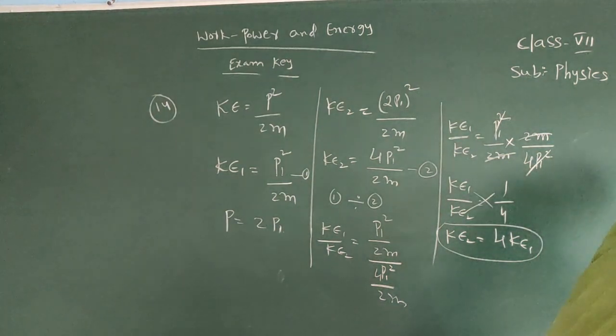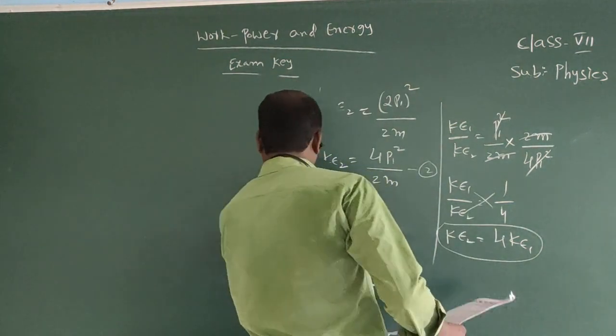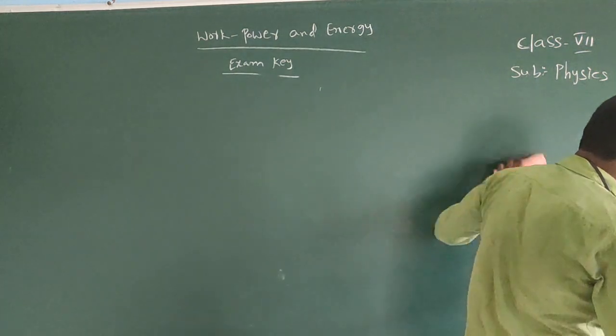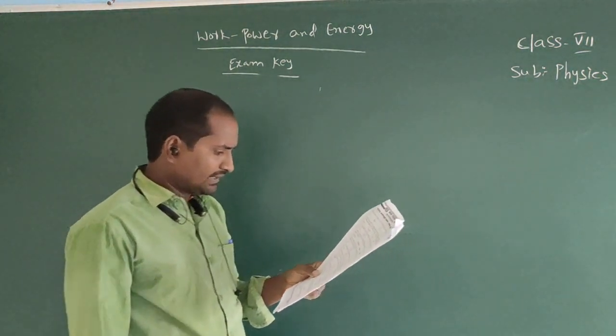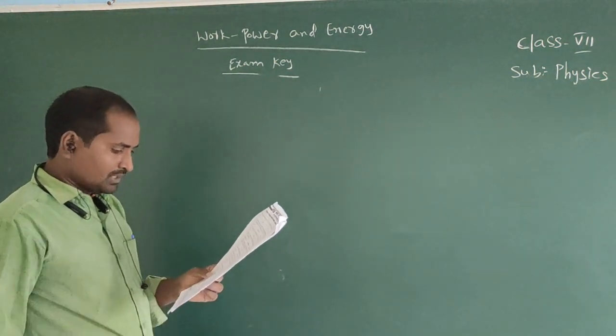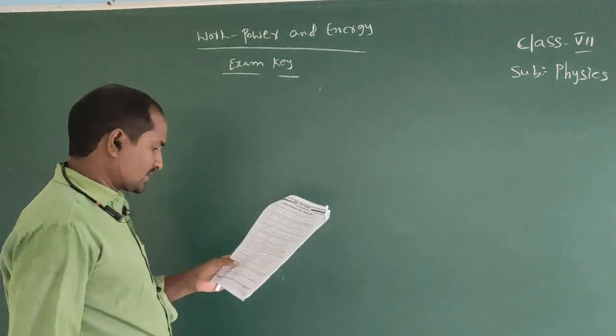Okay, next one. Find the momentum of a body of mass 100 grams having kinetic energy equal to 20 joules.